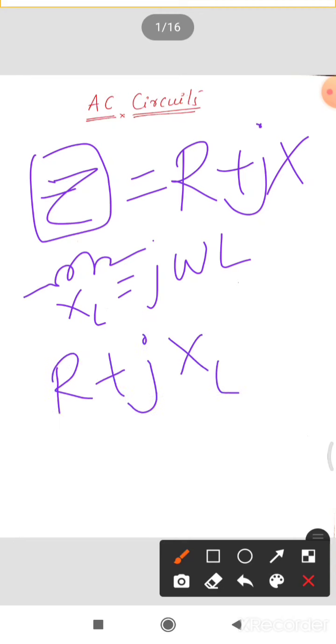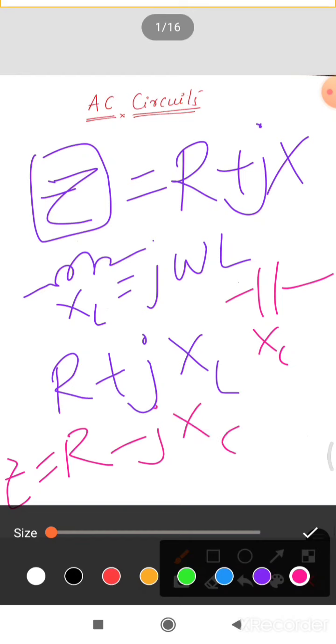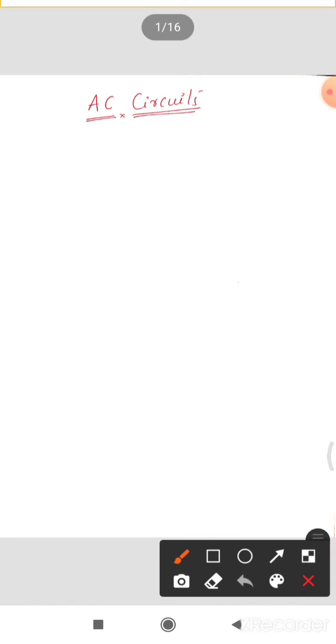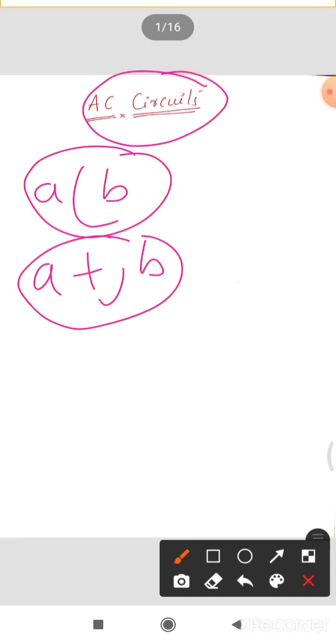Suppose we have a capacitor, then it will be XC. Z can be written as Z equals R minus jXC, where XC is calculated as 1 divided by j omega C. One more thing: when dealing with AC circuits, we will come across values in A at an angle B form and A plus jB form, because those are complex numbers.